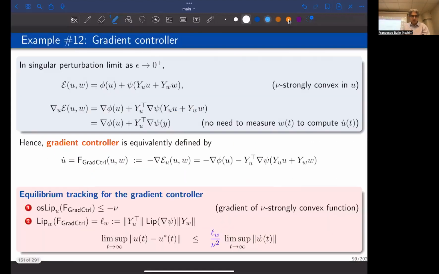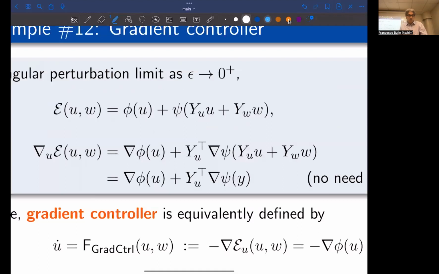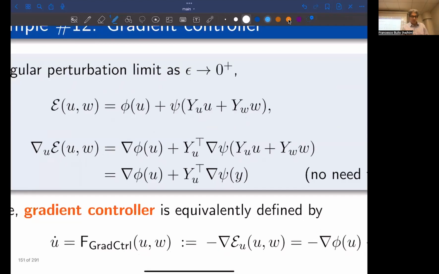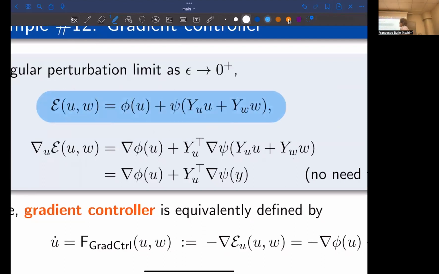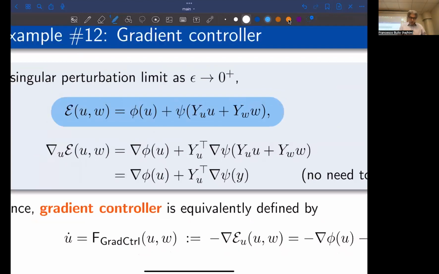Let me just skip some details. What am I doing? I have a cost function, again in the singular perturbation limit, maybe I'll call it E because I like energy, which depends upon U, but it also depends upon W. It's a quadratic cost in U, and then maybe I still use quadratic, for example, in U and W. So then what are you going to do?